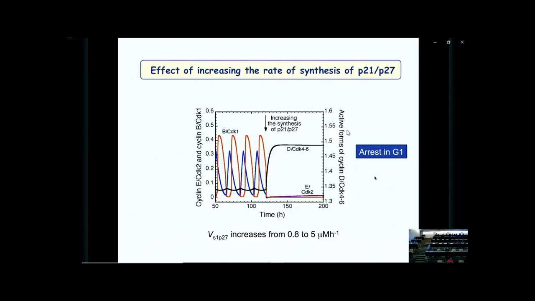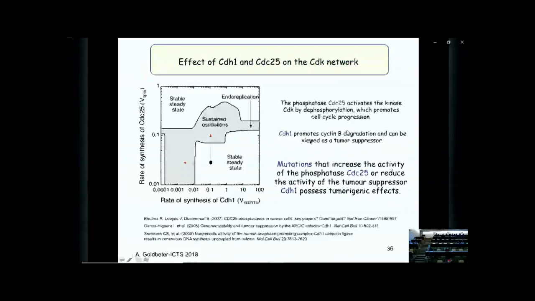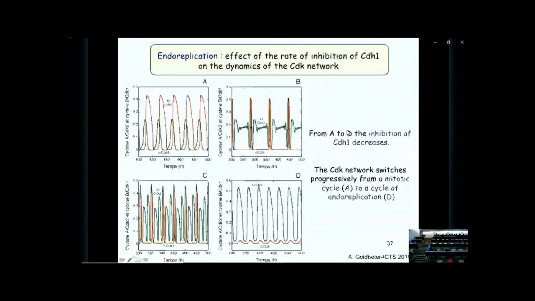Once again, they can be CDH1 and CDC25. CDC25 is a phosphatase which activates the CDKs. CDH1 promotes cyclin B degradation. I will point to this region here, which is a region of endoreplication.